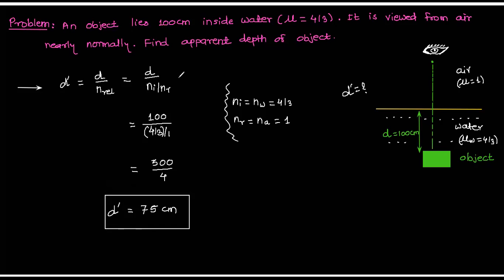Understand? If you want one more step, you can add here, that is d divided by nw divided by na. So the object will appear somewhere here.